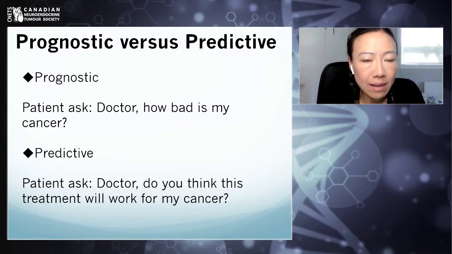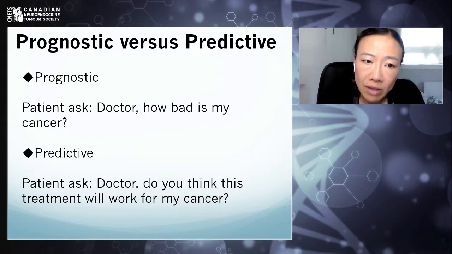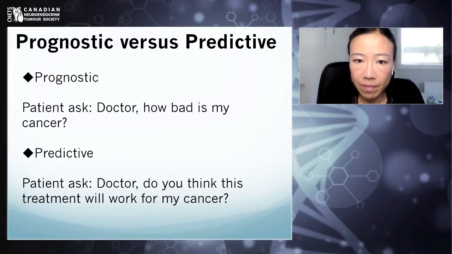That usually means they want to ask for a prognostic marker to see how aggressive their cancer is. For a predictive biomarker, the patient asks the doctor, do you think this treatment will work for my cancer? They're really asking if there's any predictive biomarker to indicate what treatment can work for my cancer.